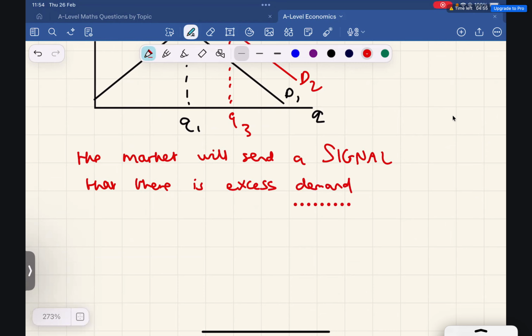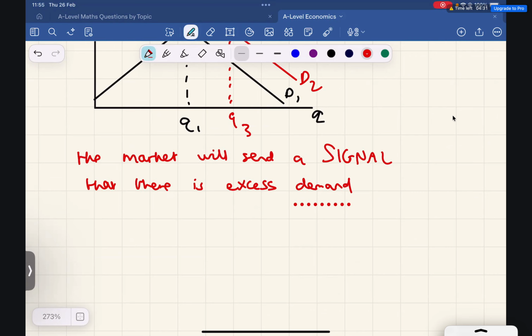How will it do it? Well, every single guy who sells mangoes will see too many people queuing up. If there's an excess demand for phones, every single phone company will have too many people queuing up. If there's an excess demand for tutoring, tutors will have too many people phoning them inquiring.